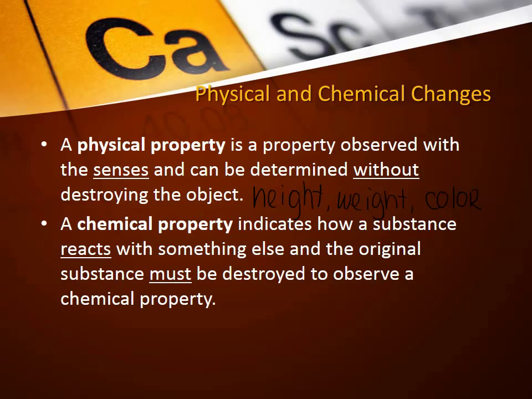Chemical properties, however, indicate how a substance reacts with something else, and the original substance must be destroyed to observe a chemical property. For example, flammability. You have to try to light something on fire to see if it's flammable. Or, conductivity. You have to actually send an electric current through something to see how well it will conduct electricity.